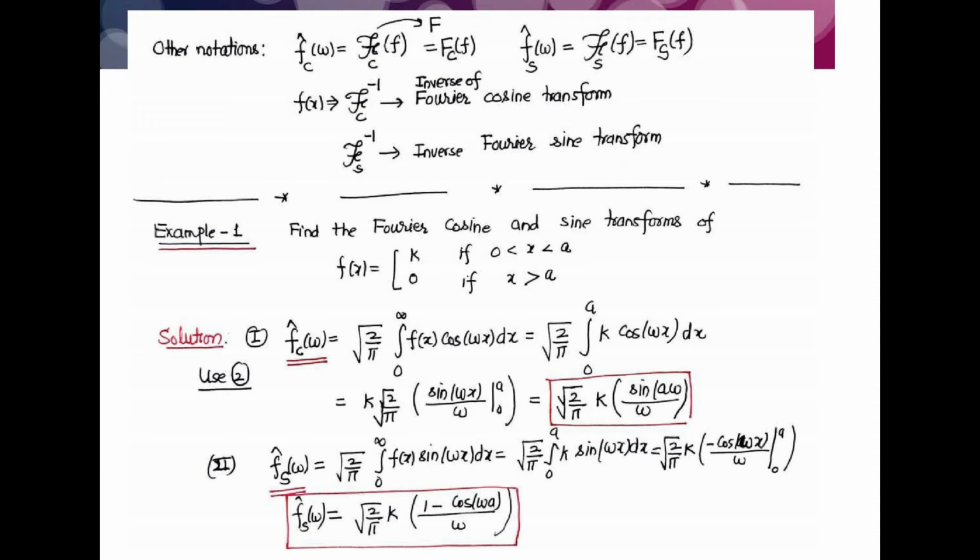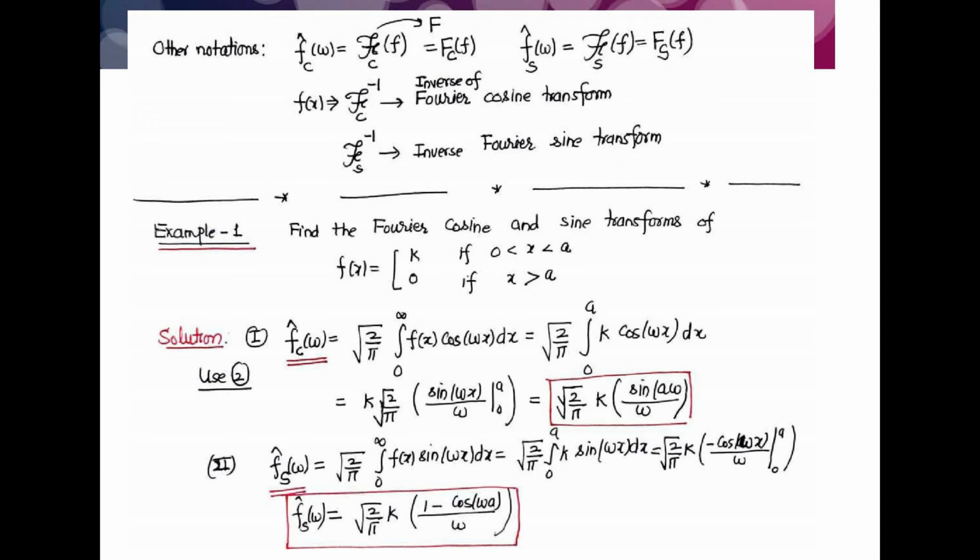So this integral from 0 to infinity will be 0 to a. Put the value of the function, that is k cos of wx dx. Integrate this, you have the value, and this is the final expression for the Fourier cosine transform given in the box.